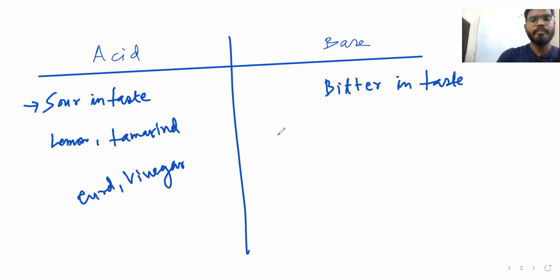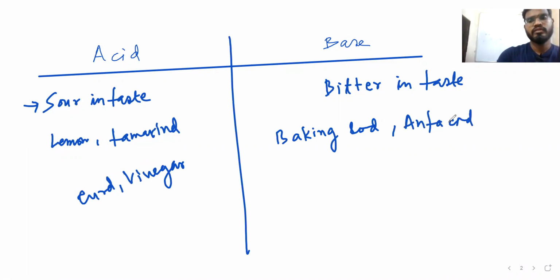Baking soda and antacids are bases. You guys can see, and then we can find from there.